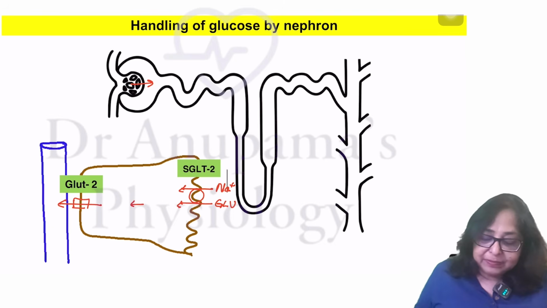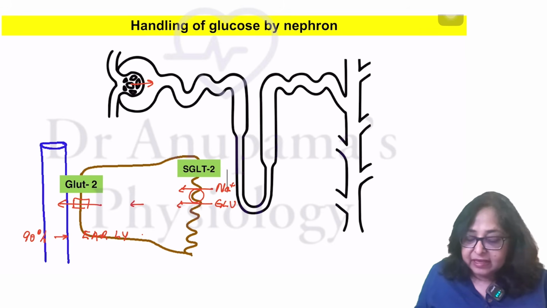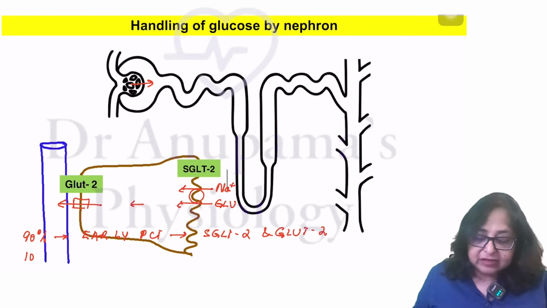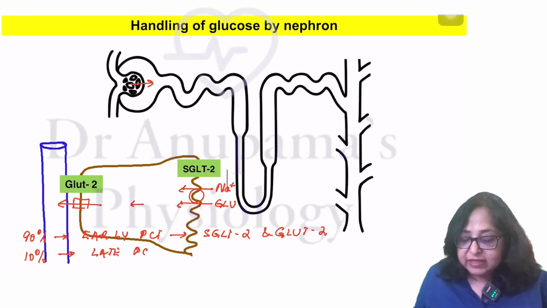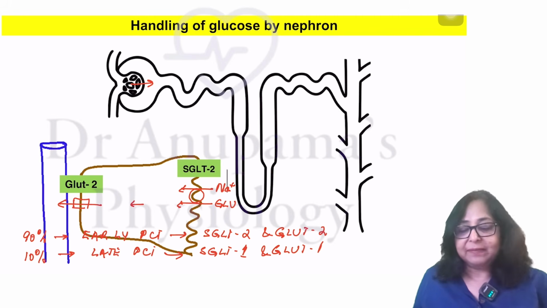More than 90% of the glucose absorption occurs in the early PCT, and the proteins involved are SGLT2 and GLUT2. About 10% of glucose absorption occurs in the late PCT, and the proteins involved are SGLT1 and GLUT1.